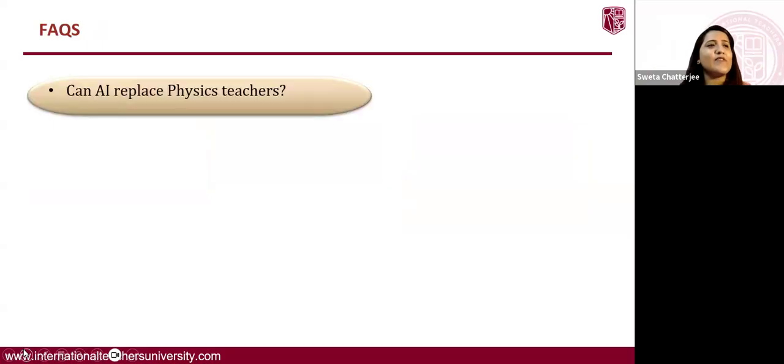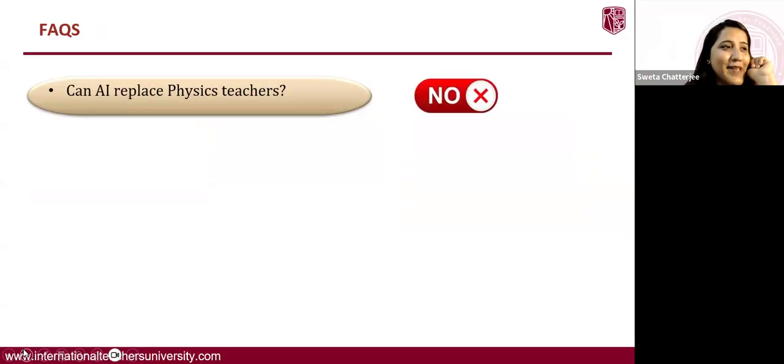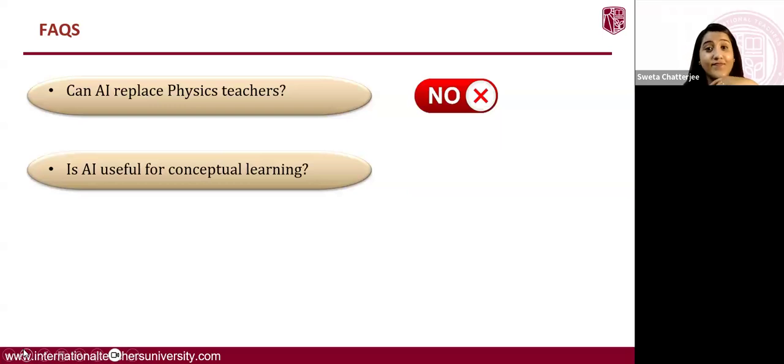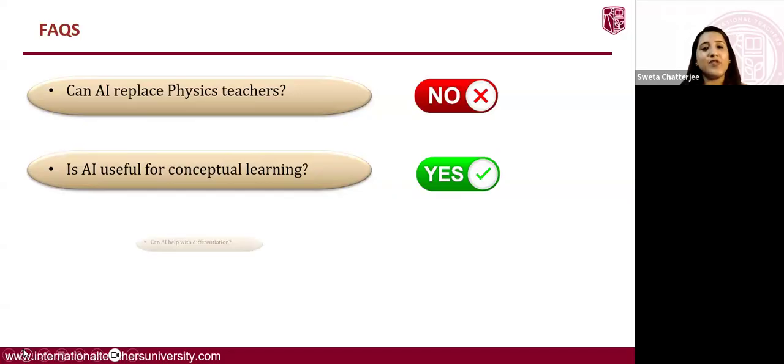As we come towards the end of the session, let me address a few common questions that often come up when we talk about AI in education. Can AI replace teachers? The simple answer is no. AI can assist, but it cannot replace professional judgment, mentorship, and human connection. Can it build critical thinking? Yes, when guided thoughtfully, it can enhance higher-order reasoning when we use prompts for analysis and prediction.